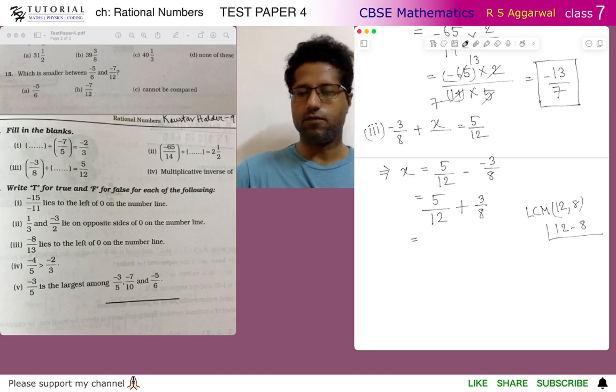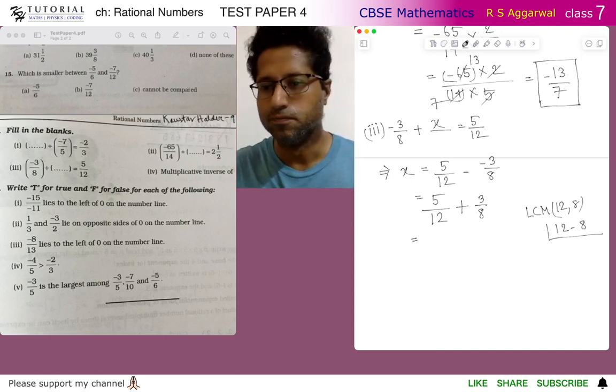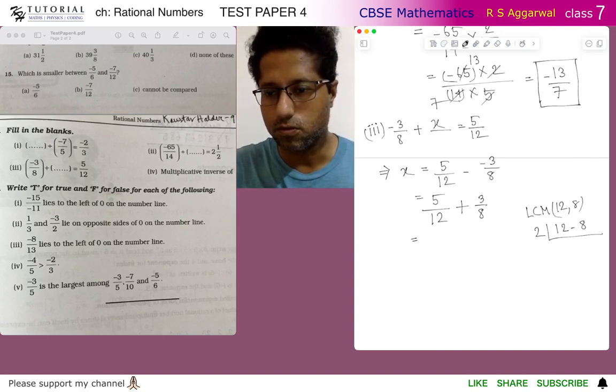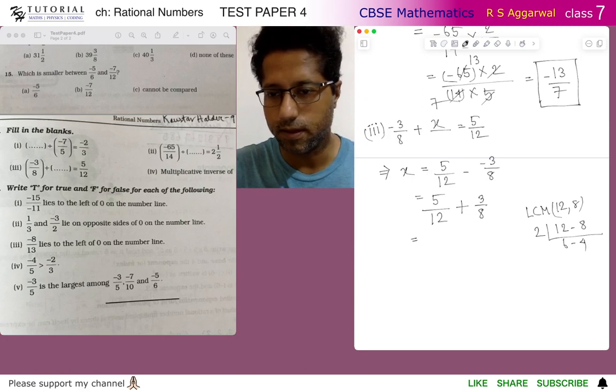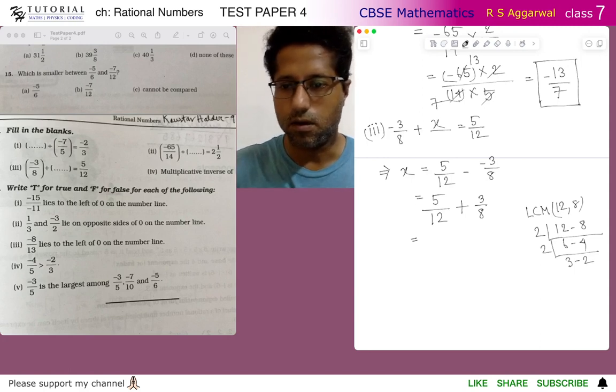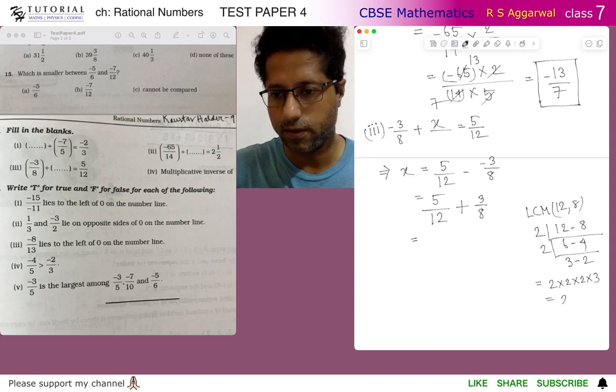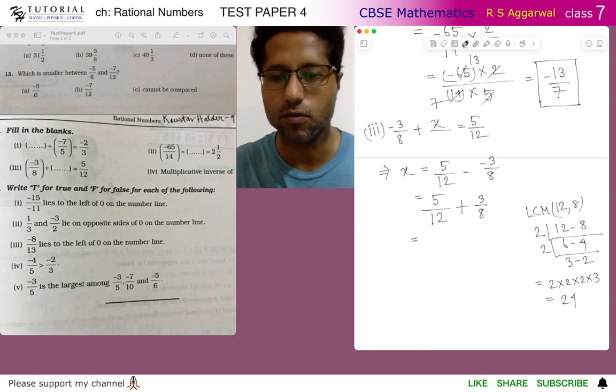We will first consider the smallest prime number that divides both. This will be 2. So 6, 4, again we divide by 2, 3, 2. So the LCM is 2 into 2 into 2 into 3, which is 24. So the LCM is 24.